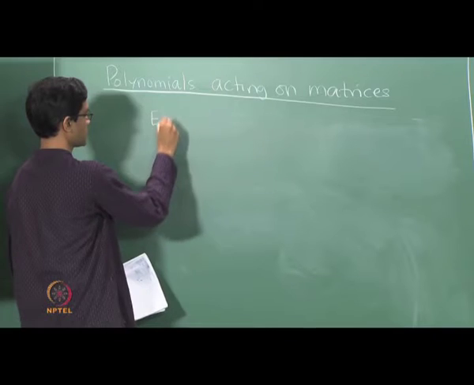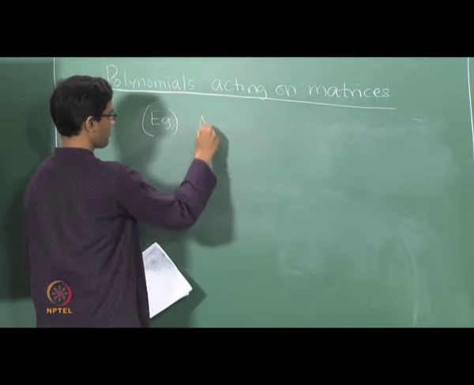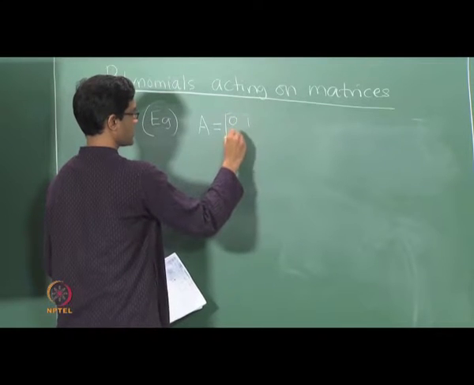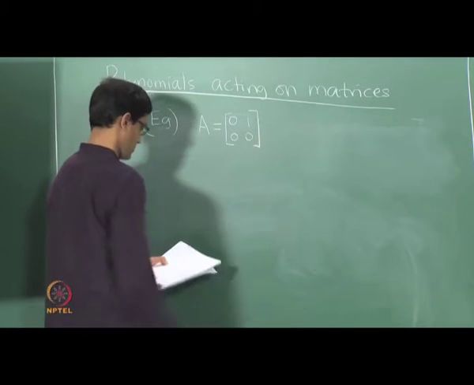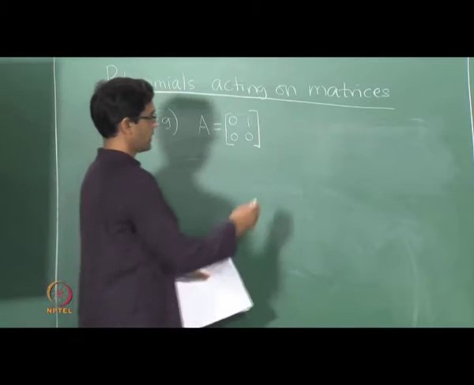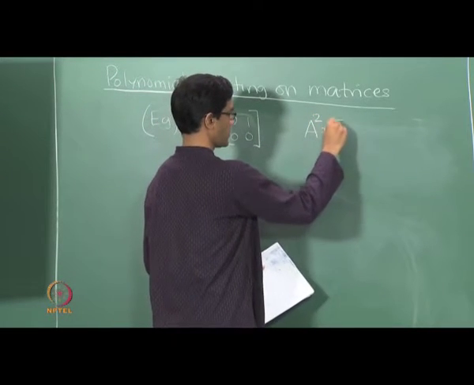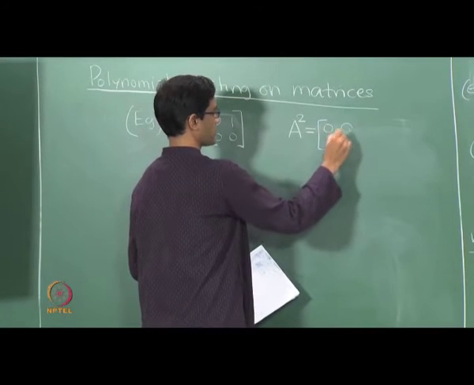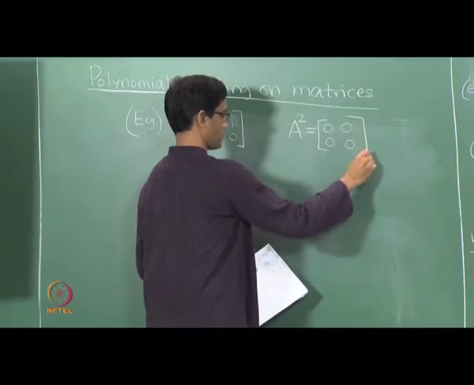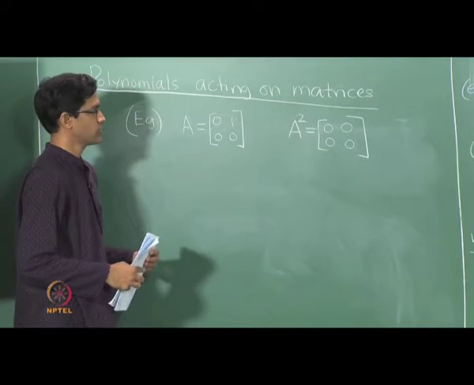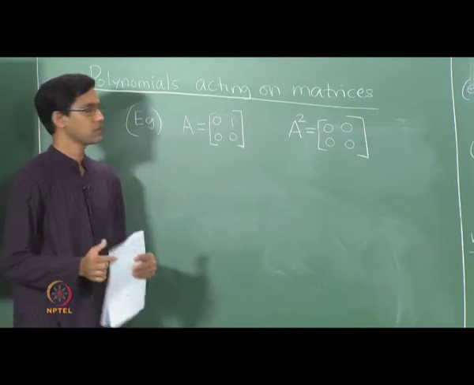What I'd like to do is again start out with the following example. Take a 2 cross 2 matrix A which just has 0, 1, 0, 0, and again think in terms of polynomials. So let us compute A squared for instance, and here is what one finds: that squaring this matrix just produces a matrix of zeros. Okay.